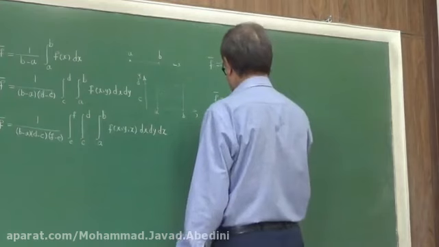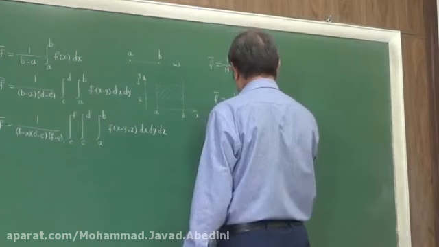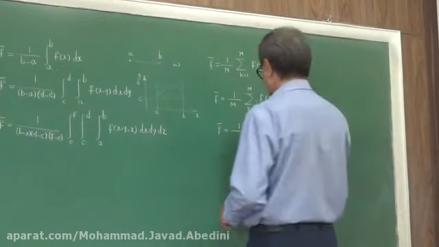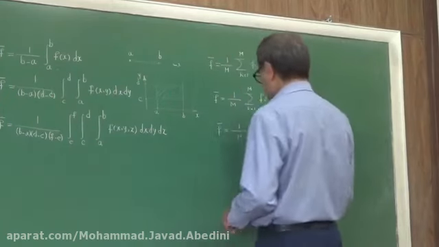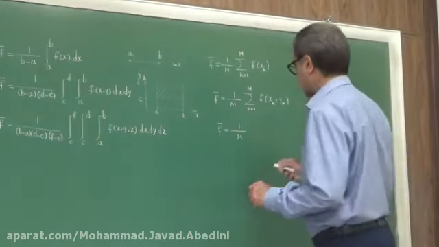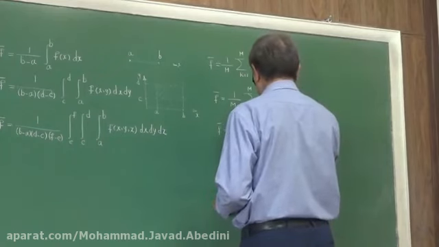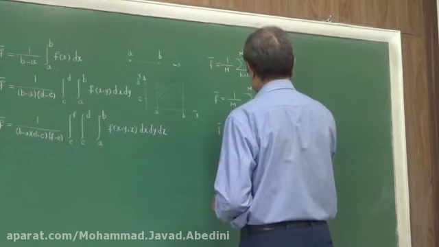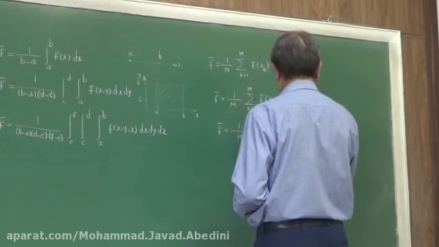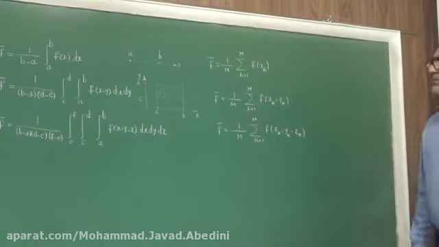And if you have a 3D problem, again you have to consider voxels instead of pixels. Monitor the attribute under consideration at the center of each voxel, and then use this formula to come up with the mean value.